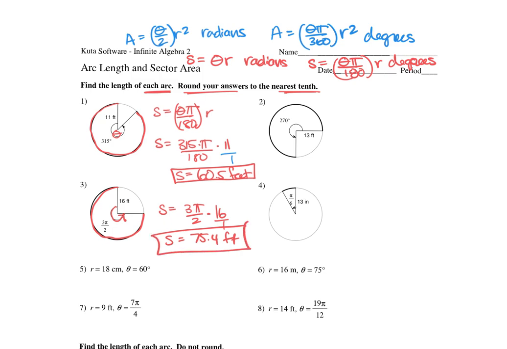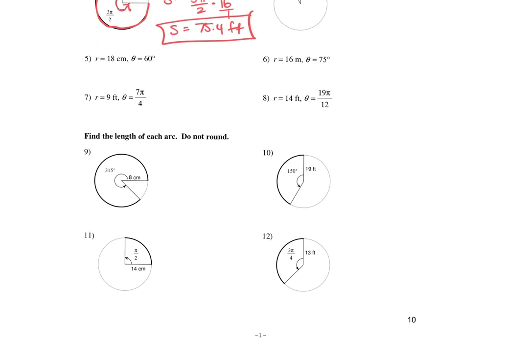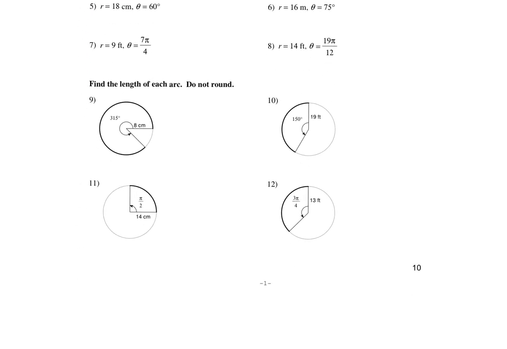Now, what if I want to have an exact answer? So let's talk about exact answers. Exact answers mean that I am not going to round at all. So do not round. It's going to be in terms of pi. In this problem, my theta is 315 degrees, so you and I are using our degree formula for arc length. My arc length is theta times pi over 180 times my radius.